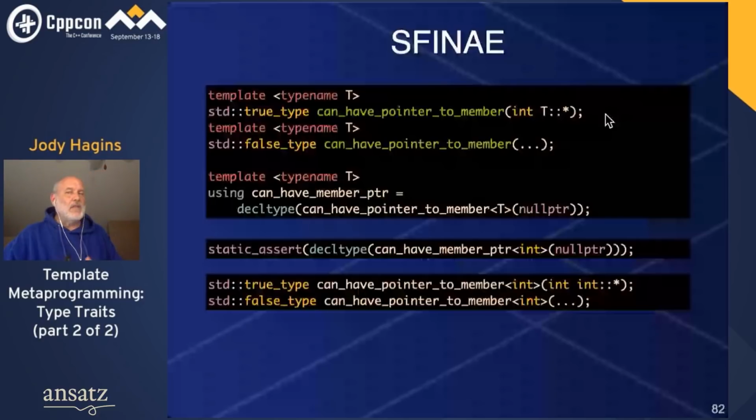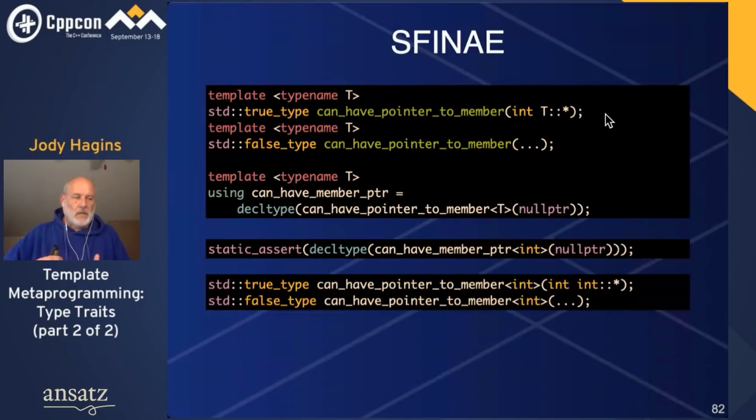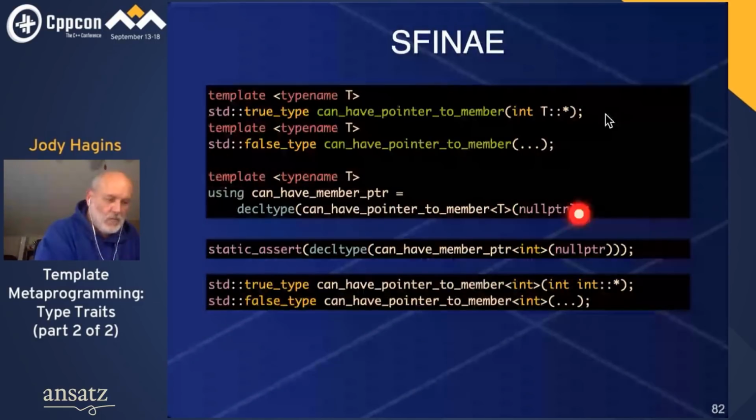So let me try to recount this again. The alias template that we have added means that when this int gets substituted for that T, now we've got a substitution occurring.